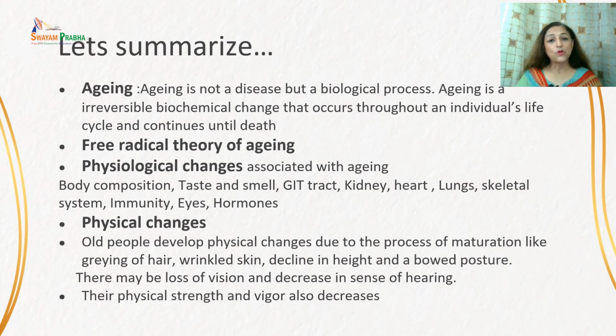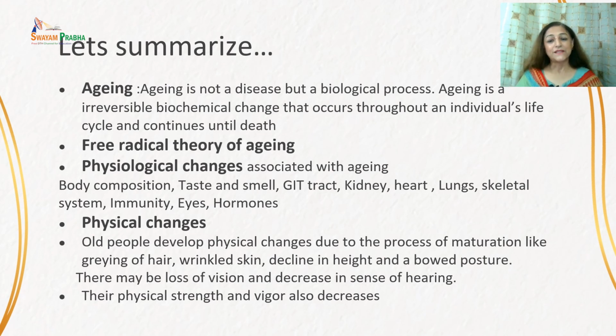Then we studied about the various changes. First of all, the physiological changes associated with aging, in which we studied how body functions are affected by the aging process. We studied the changes in body composition, how taste and smell sensation gets altered, then alteration in the gastrointestinal tract and the juices inside it.